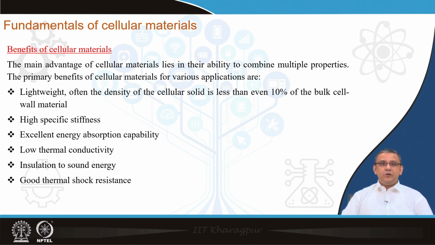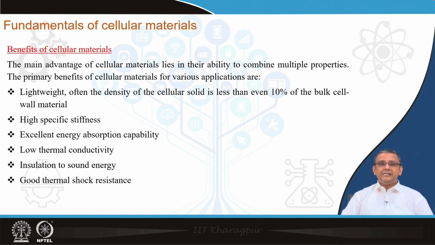Now, cellular materials can provide extremely good properties if the material is designed in a proper manner, and some of these properties cannot be attained by bulk materials. Typical properties of cellular materials are mentioned here. The first and foremost important property is lightweight.